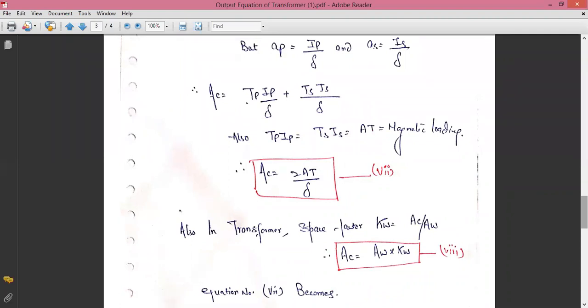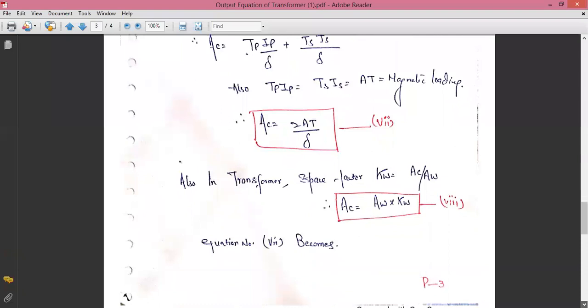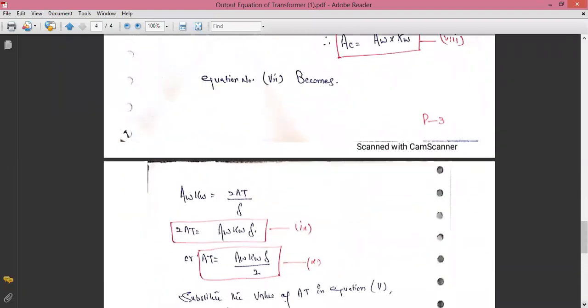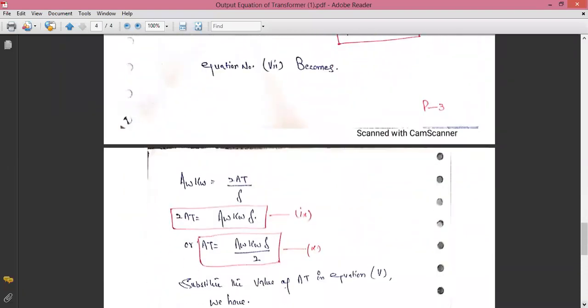Now I can substitute this Ac in the above equation. When you substitute, Aw Kw = 2 AT upon delta, so 2 AT = Aw Kw into delta, and your AT becomes Aw Kw delta upon 2. Now we have equation number 10.